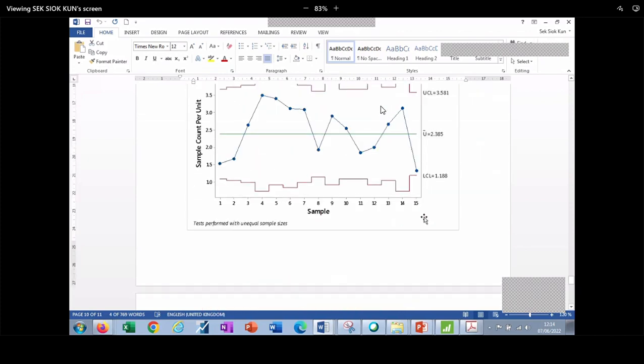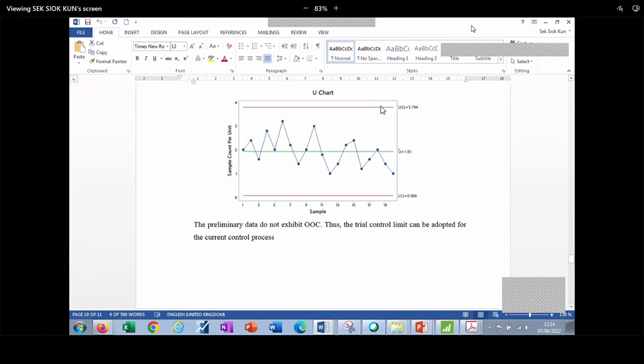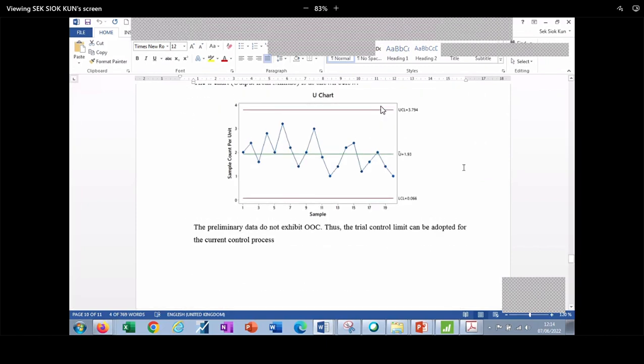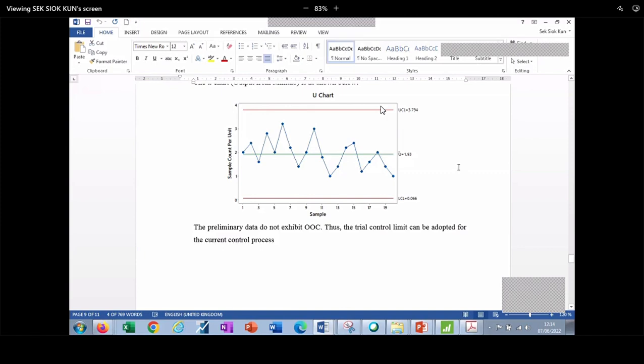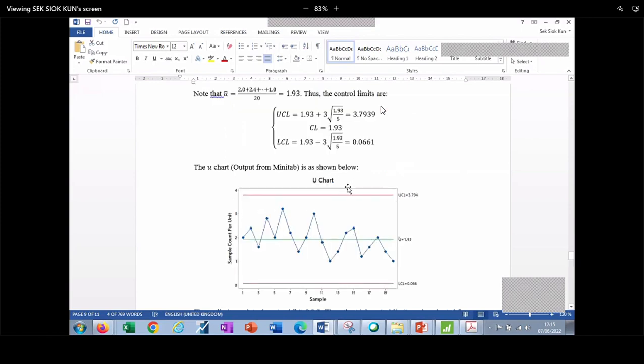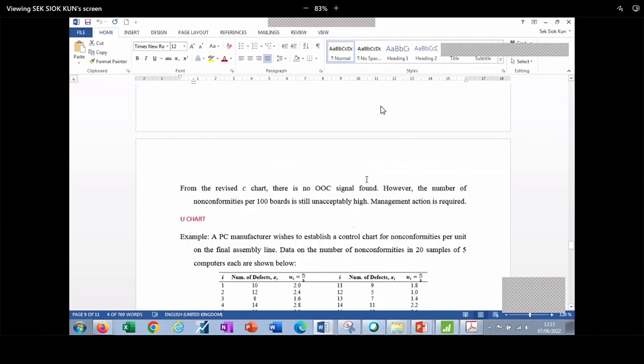Okay, do you have any questions so far? I think it's much easier compared to the control chart for defects, right? Because the formula is simple.